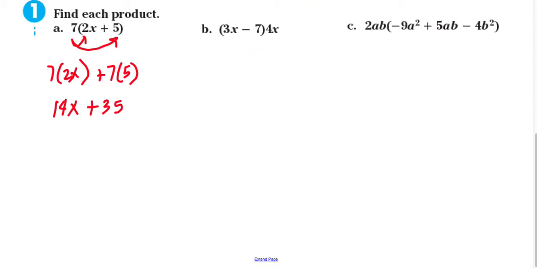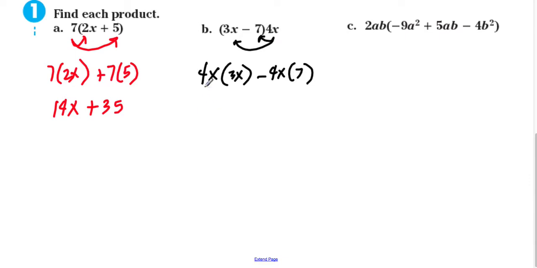Okay, let's move on to example B. We have 3x minus 7. We multiply that by 4x. So we simply distribute our 4x. So we now have 4x times 3x, and then we distribute 4x to negative 7, minus 4x times 7.